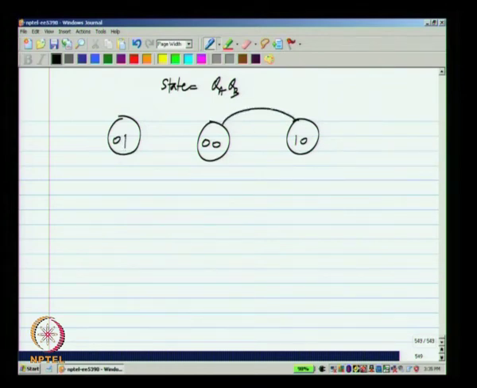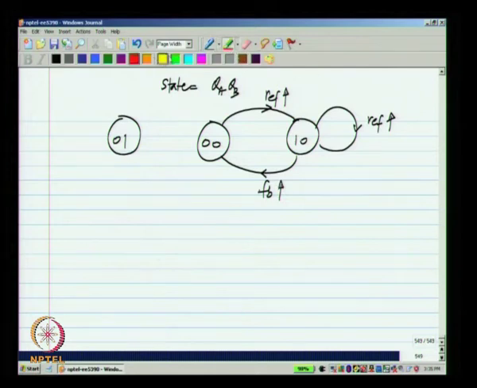From this 0 0 state, if you get a rising edge of the reference, it will go to 1 0, and if you keep getting a rising edge of reference, the output will not change at all. And from 1 0, if you get the rising edge of the feedback, you will come back to 0 0. Again from 0 0, if you again get a rising edge of the feedback, you will go to 0 1.